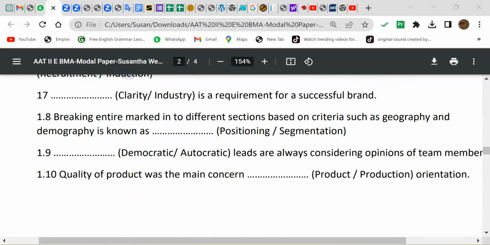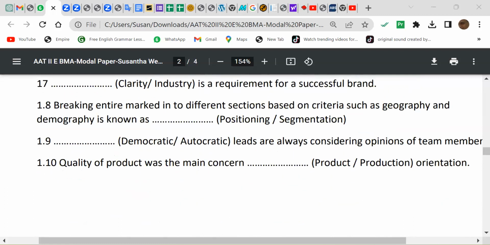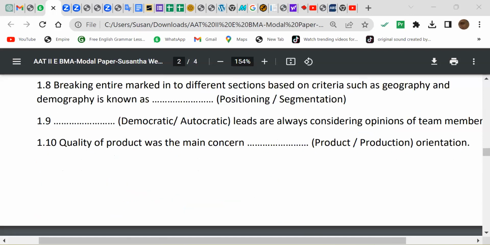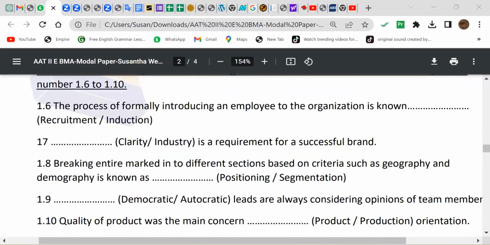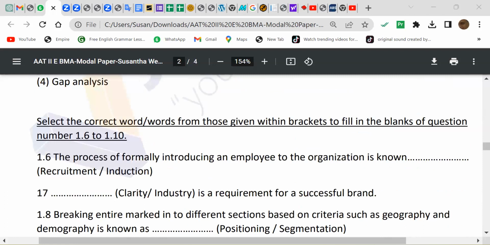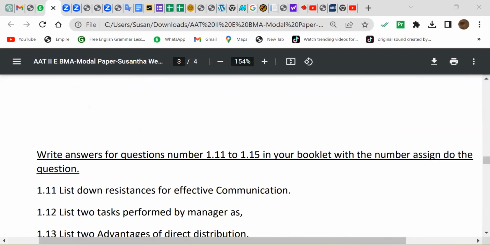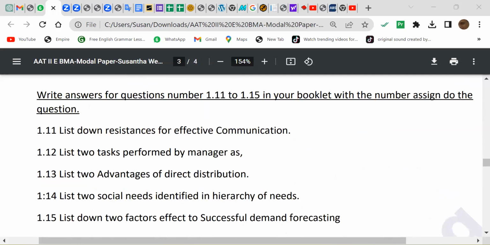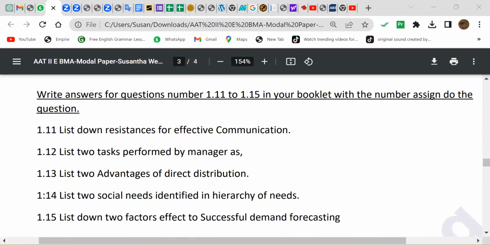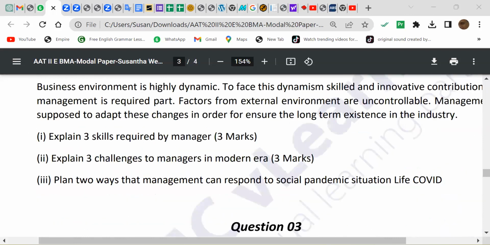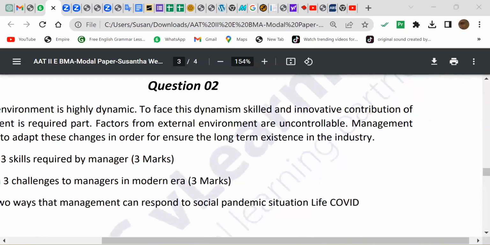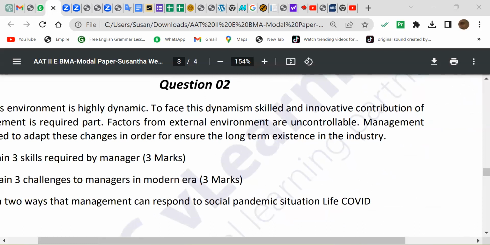There are another 10 questions: another 5 to fill blanks, and another 5 to write direct answers. Then in Section B, each question is allocated 10 marks.